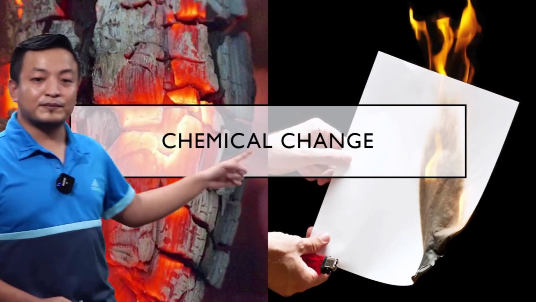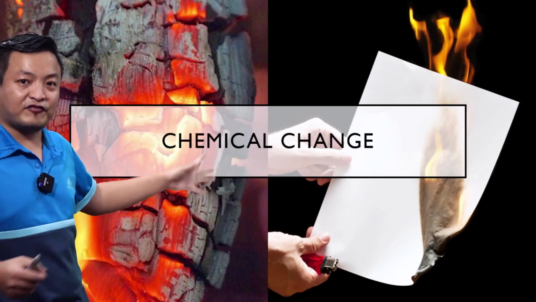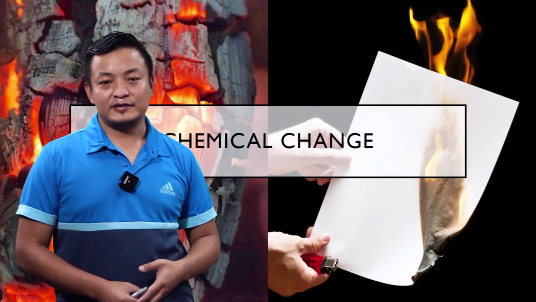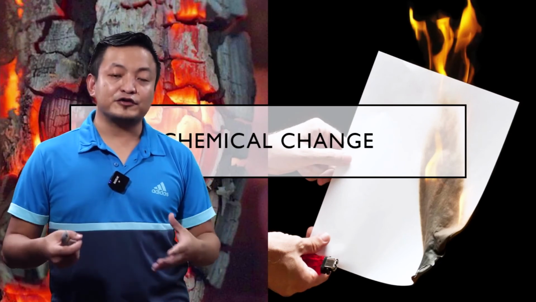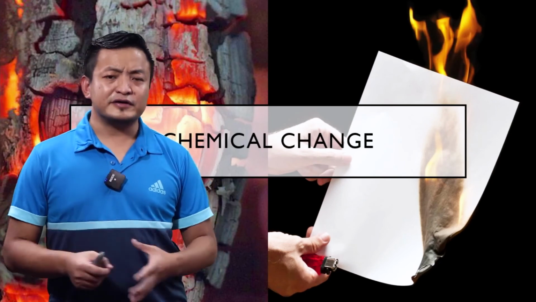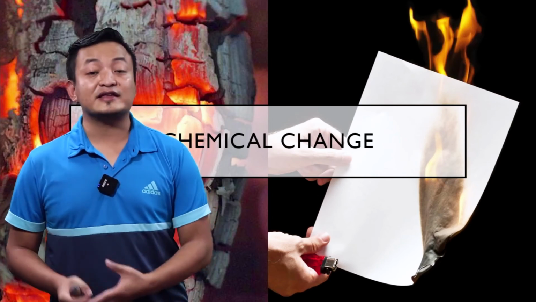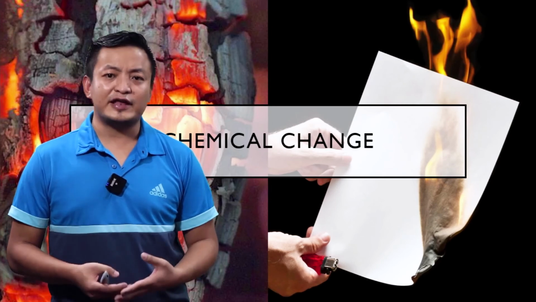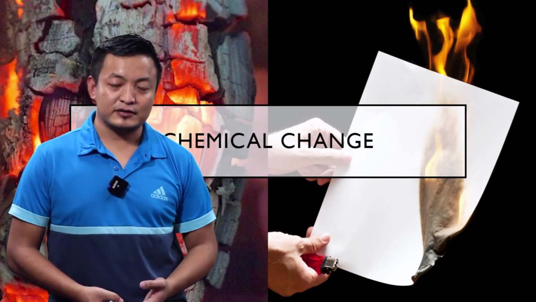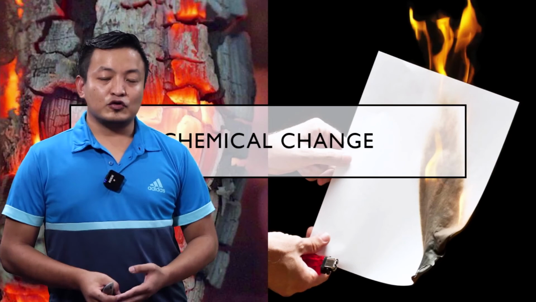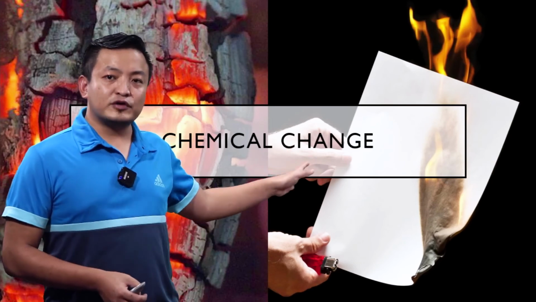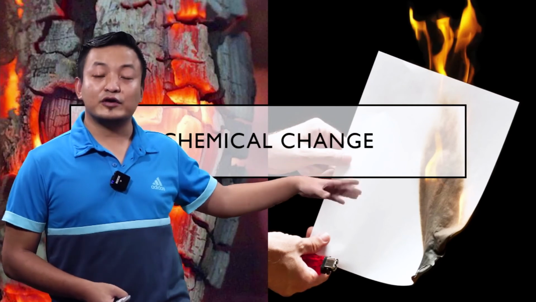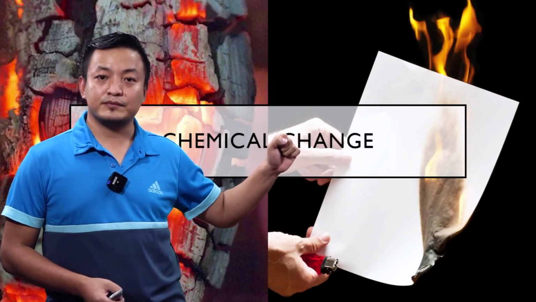Now, another example here. This is a firewood. Now we all make fire, right? And we use firewood. So after burning, what happens? Do we still get the firewood? No, we get a new substance. We get a pile of ash, right? So students, in both these examples, we have seen that we are getting a new substance.